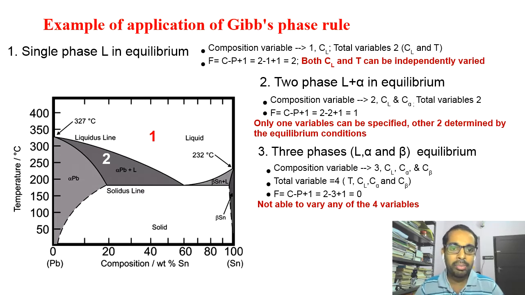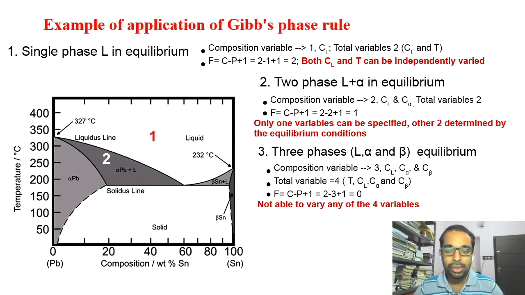Now we will see what the degrees of freedom will be. F is equal to C minus P plus 1. Here C is again 2, two components, and P is equal to 2, the number of phases. So 2 minus 2 plus 1 is 1.